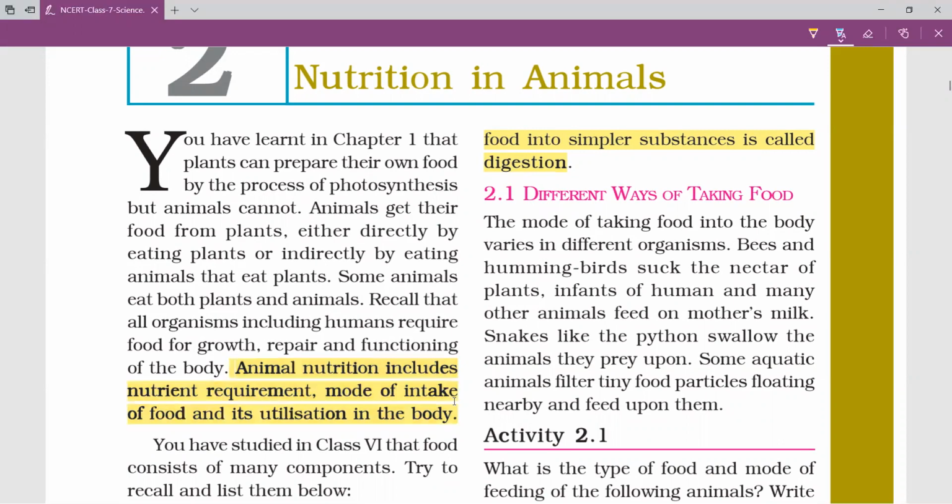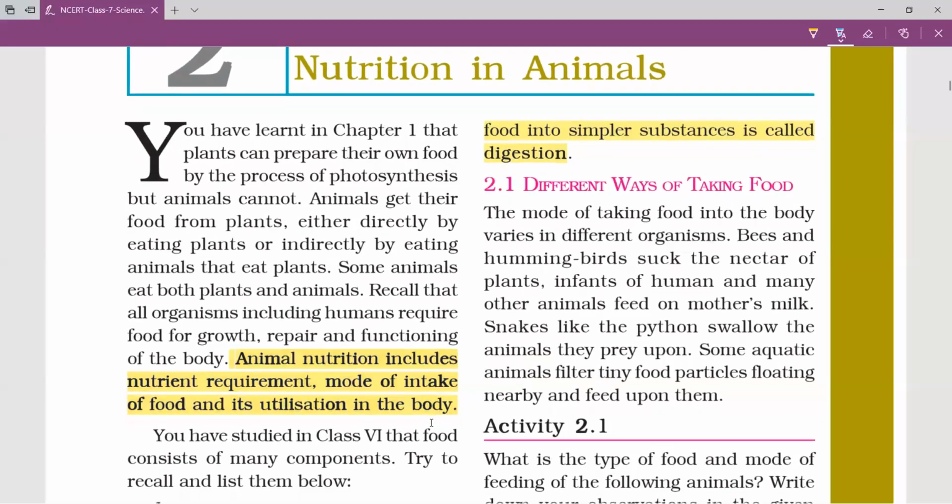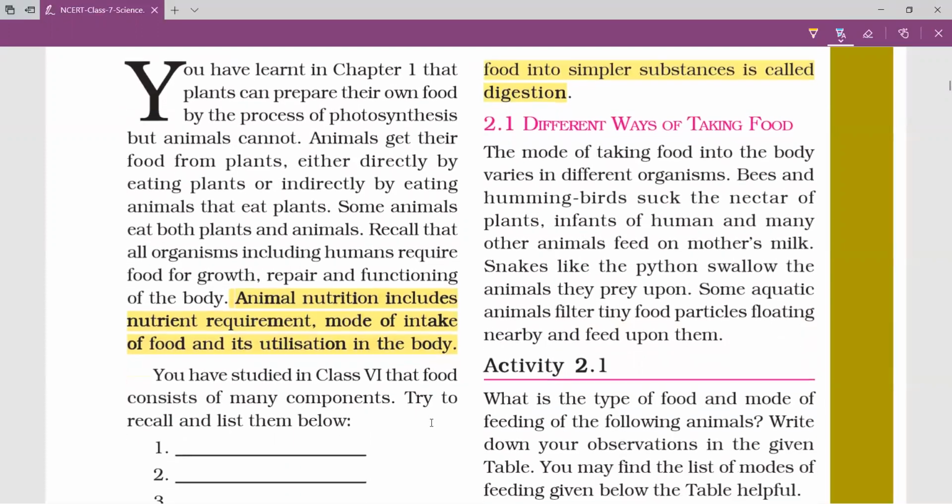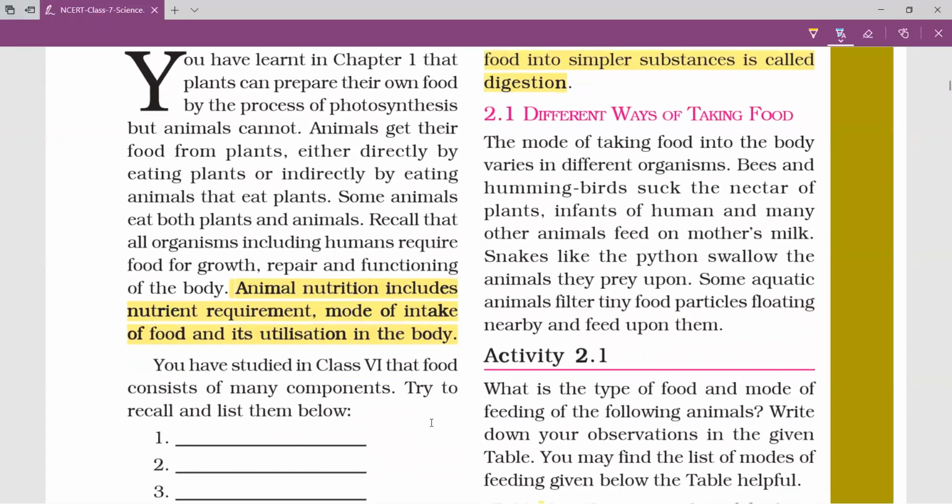Intake of food is done by mouth in all animals. Then its utilization in the body. Once again, animal nutrition includes nutrient requirement, mode of intake of food, and its utilization in the body. This is the procedure of how nutrition takes place in animals.